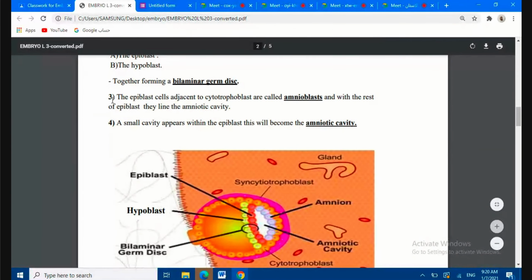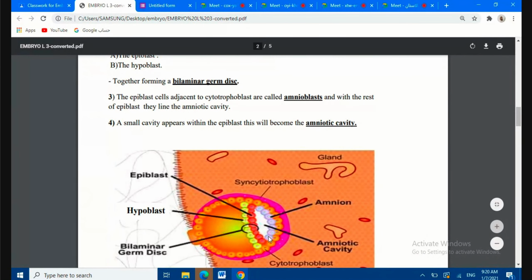Third point is the epiblast. See, this is the red epiblast. The epiblast cells adjacent to the cytotrophoblast are called amnioblasts. They will form a group of cells adjacent to the cytotrophoblast, the orange one.